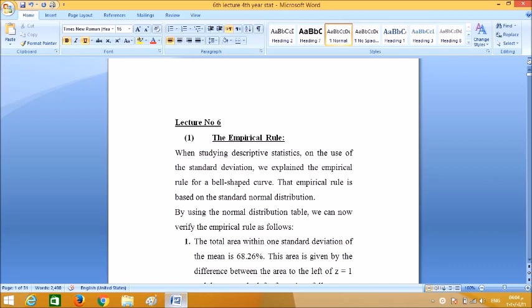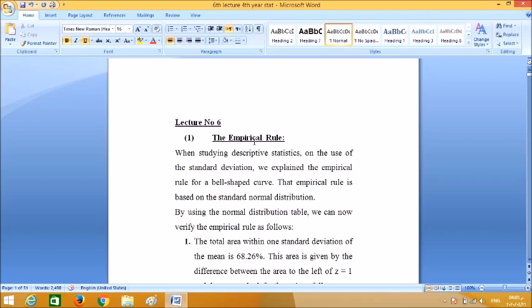This is lecture number 6 in applied statistics. This lecture contains 3 points. Number 1, the empirical rule, and I believe that you studied this rule in second year, but I will review this rule.